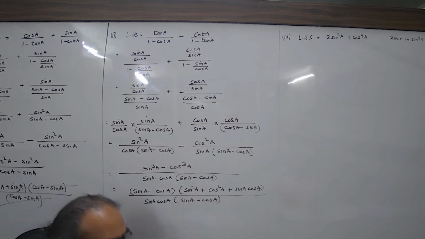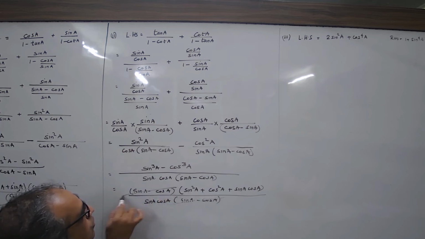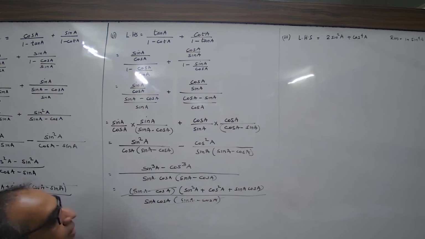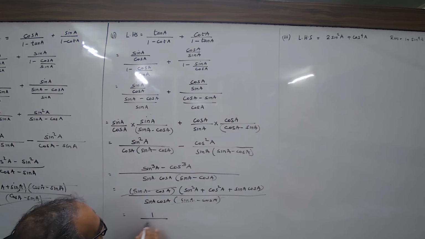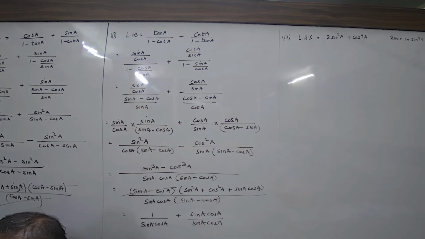Did you all understand? Sin square plus cos square. Good. Okay children. Ujjwal, yes or no?